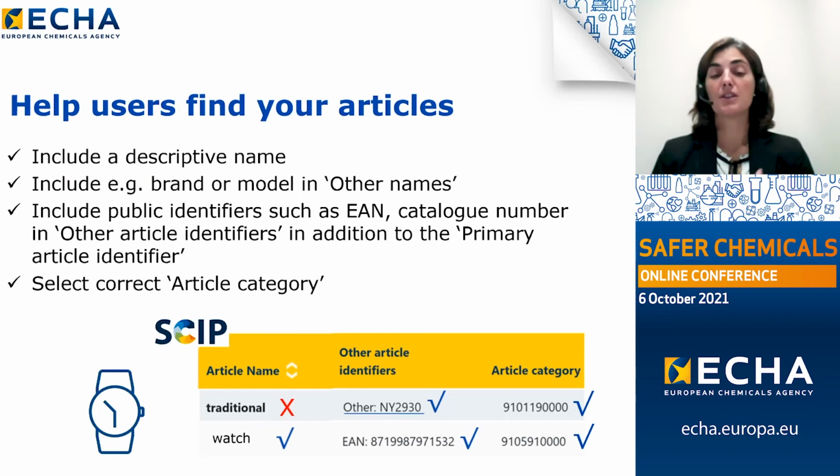Taking a look at the information that we have received, in many cases, we see that it's sometimes complicated to identify the article that is related with one notification. So we really encourage you to help users find your articles by checking how you are identifying the articles.